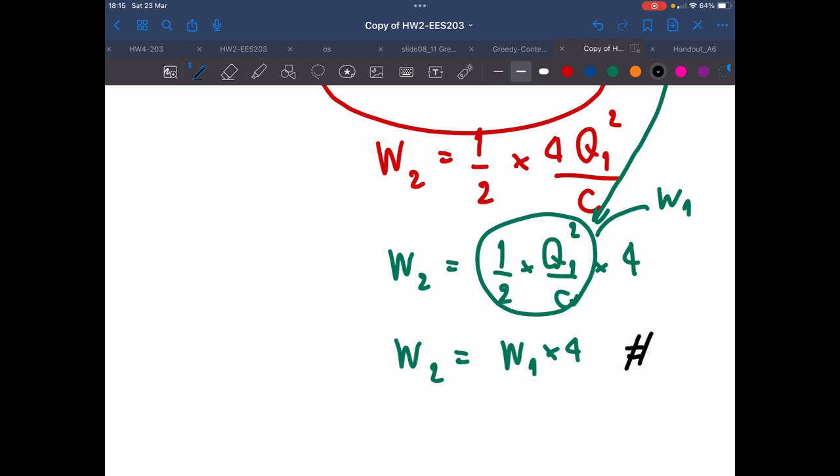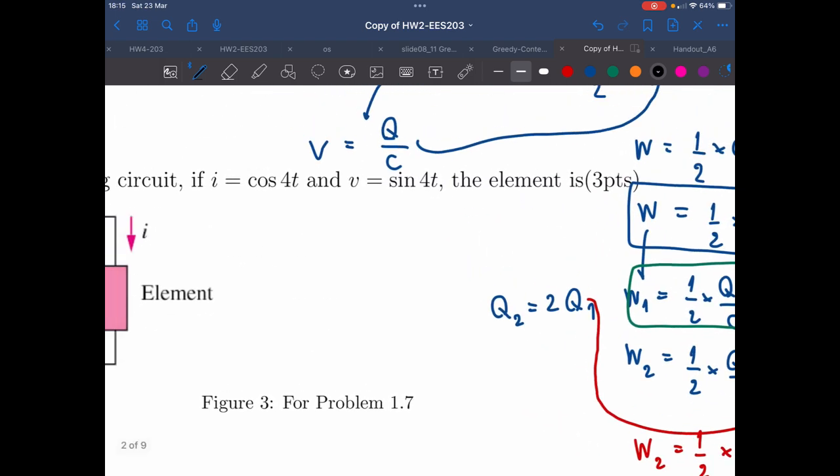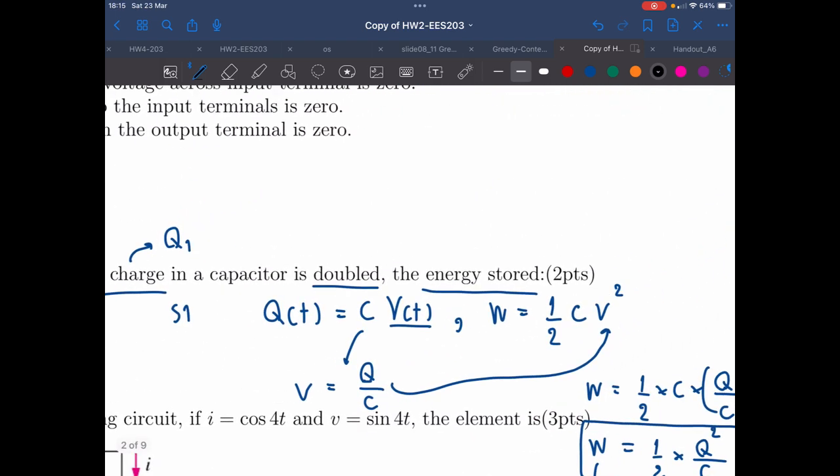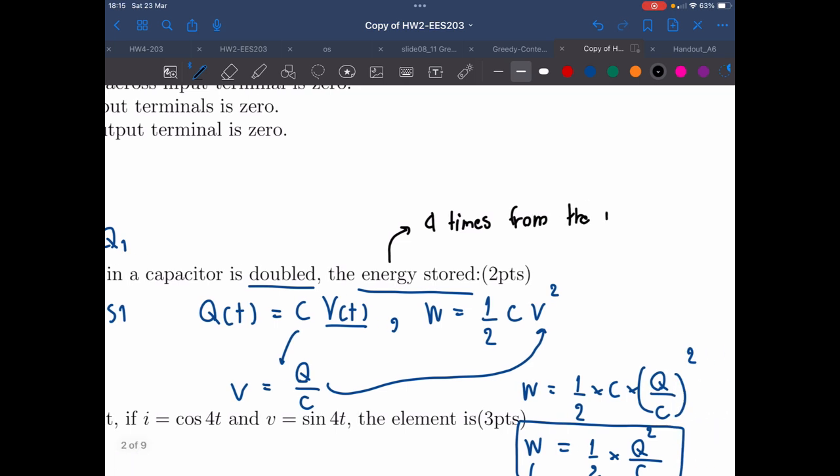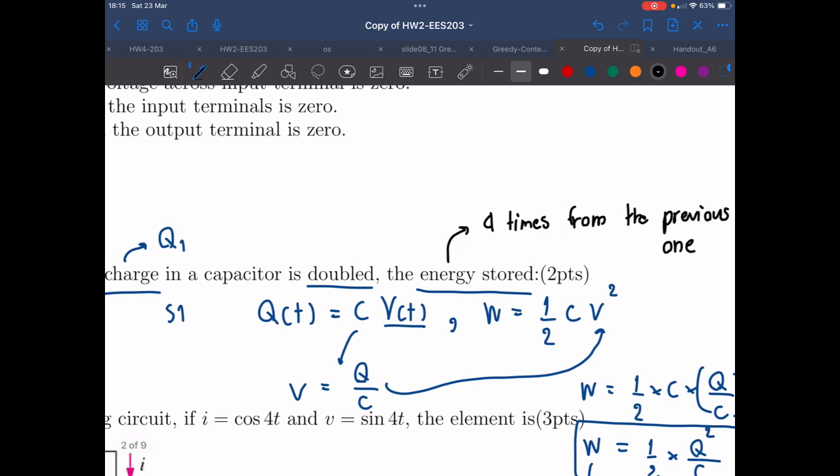Now we get the relation. What does it mean by that? It means that the energy stored will be 4 times the previous one. This is the conclusion that we get.